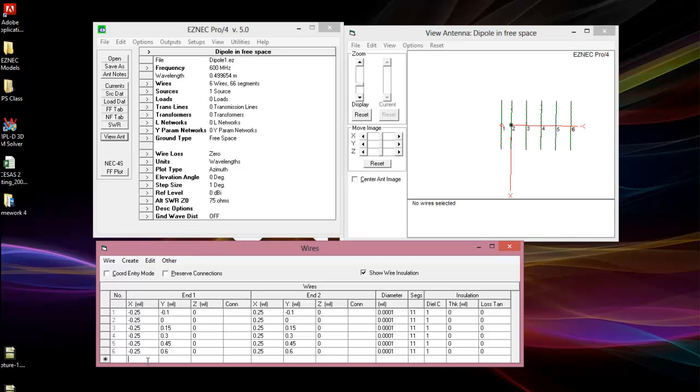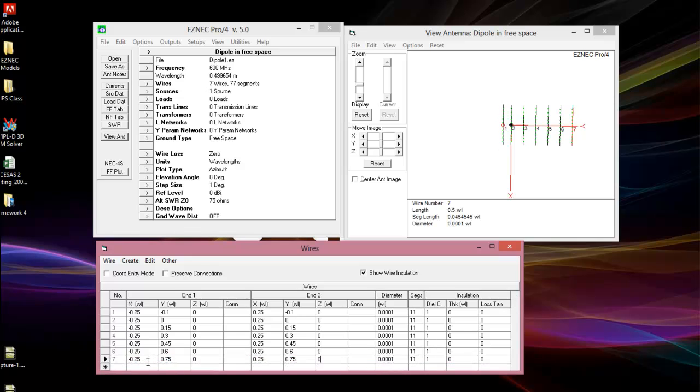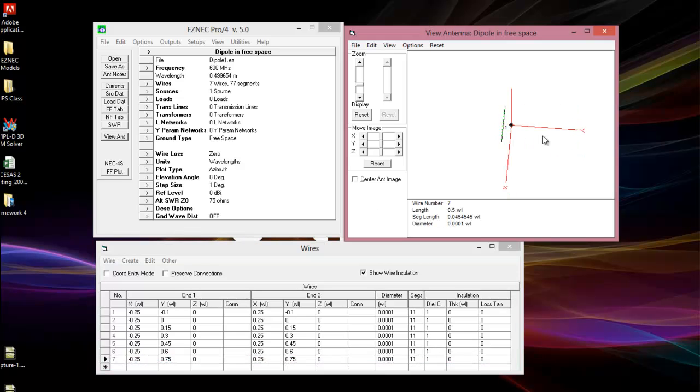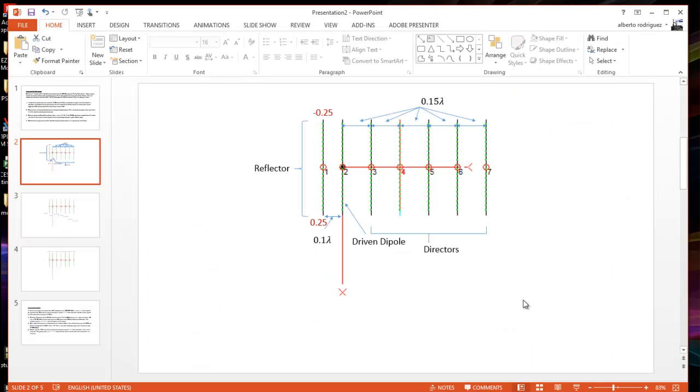And this is the last one, minus 0 0.25, 0.75, 0, 0 0.25, 0 0.75. Okay, so we got our Yagi Uda right now. Okay, let's look at them.